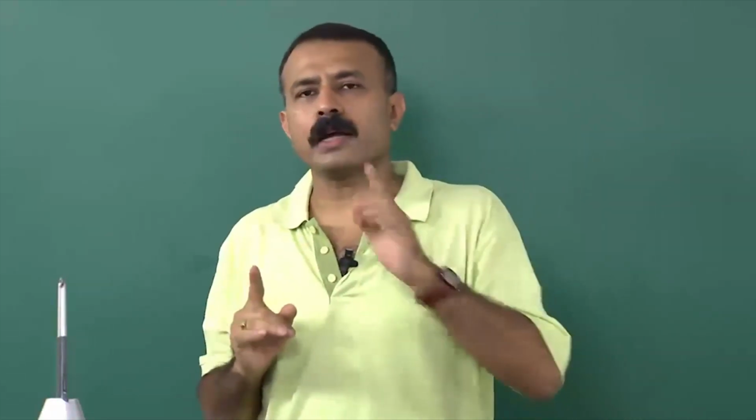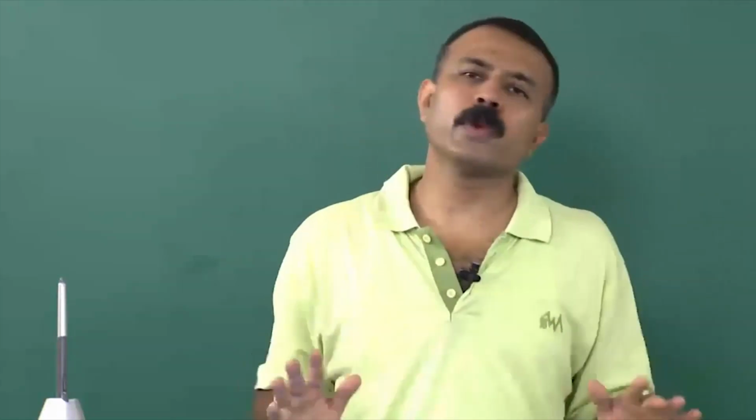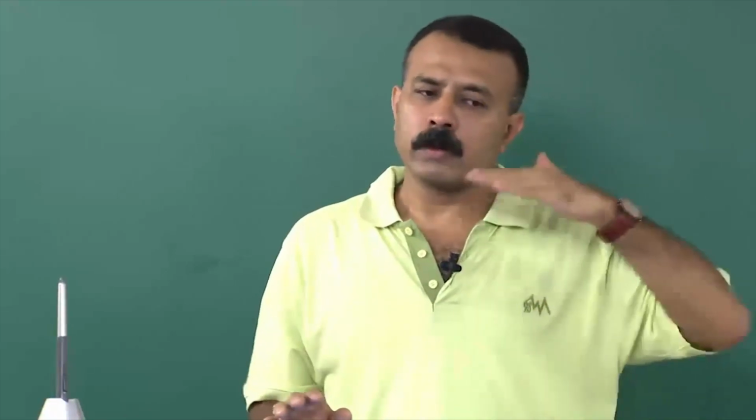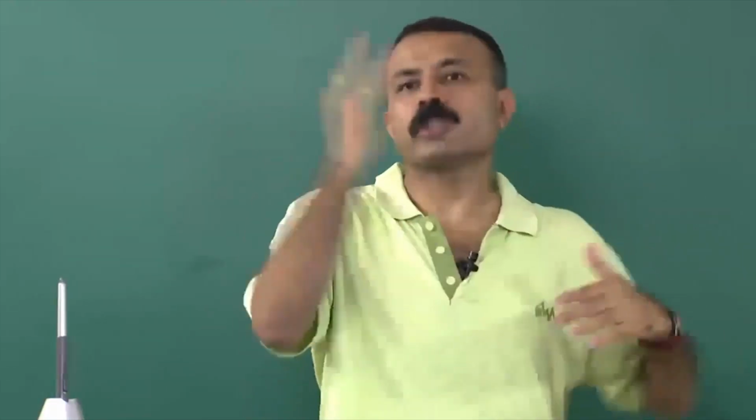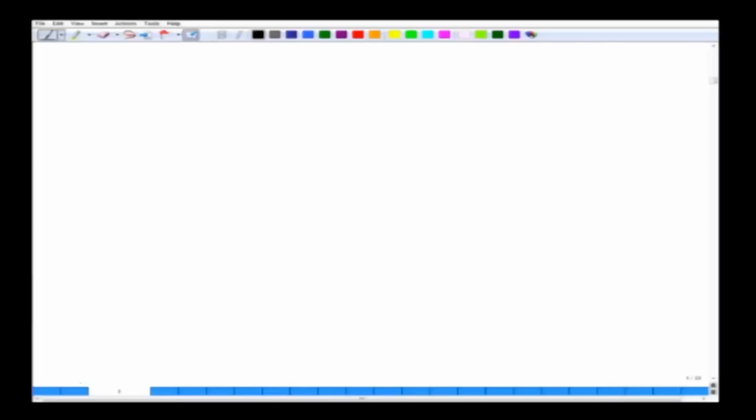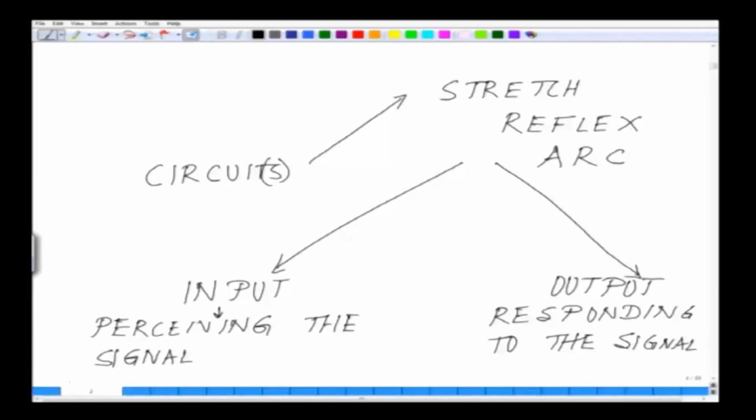So, if I divide this circuit into two parts, one part will be the sensation, the stretch sensation, which I was telling you. If you go back and see this slide, this is the part which is perceiving the signal.